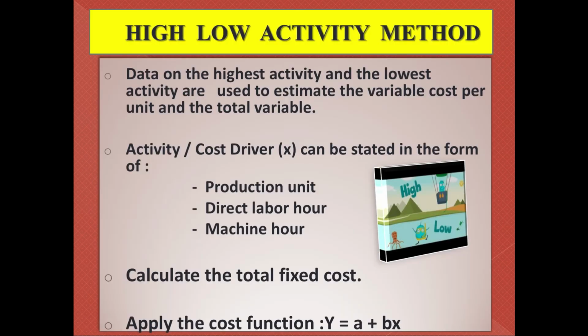Data on the highest activity and the lowest activity are used to estimate the variable cost per unit and the total variable cost. The activity or cost driver can be stated in the form of production unit, direct labor hour, machine hour. Calculate the total fixed cost. Apply the cost function, y equals a plus bx.